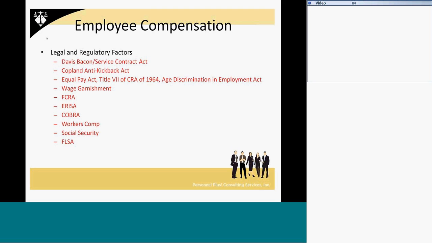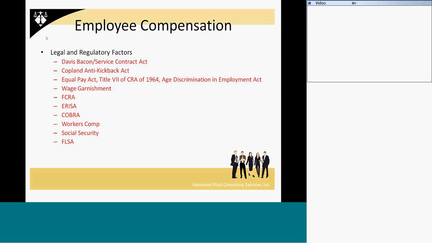The government has wage garnishment laws, and garnishment is where an individual owes money to some creditor, and the creditor has gone to court and gotten a court order requiring the employer to deduct a payment to that creditor from paychecks. And what the wage garnishment laws do is they speak to how much of a paycheck can be subject to garnishment.